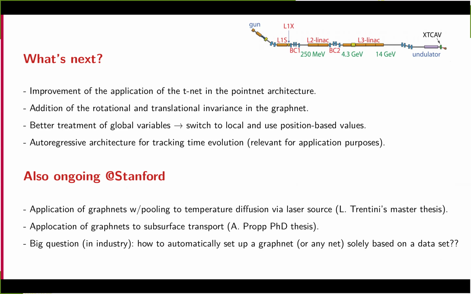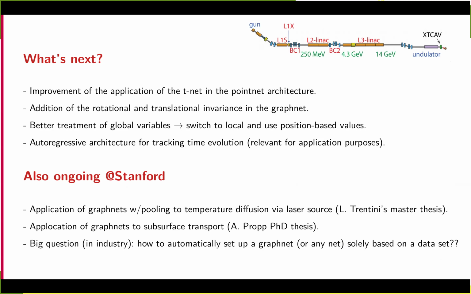Another thing, as I mentioned before, is a better implementation of the point net to make sure we are correctly projecting the states into canonical space. I wanted to mention additional works on graph networks at Stanford, and I'm happy to talk more about them separately and offline.